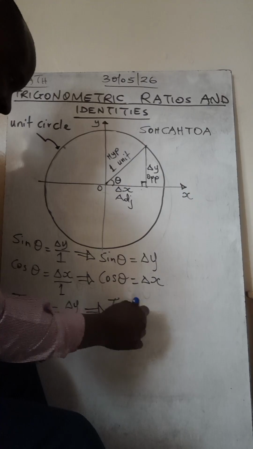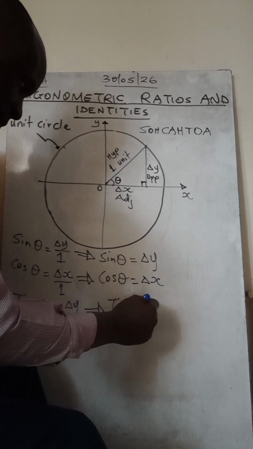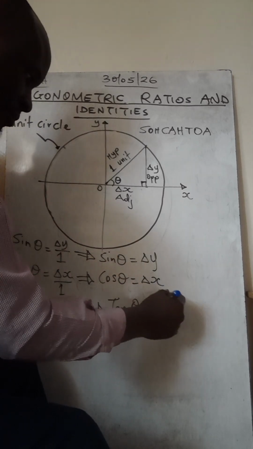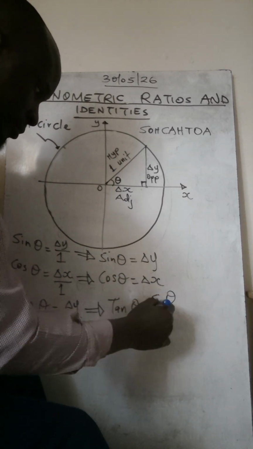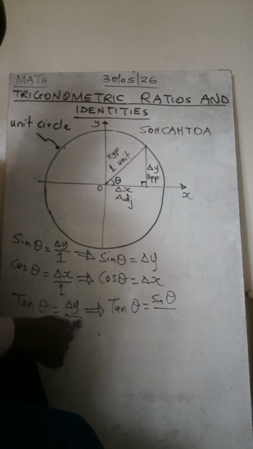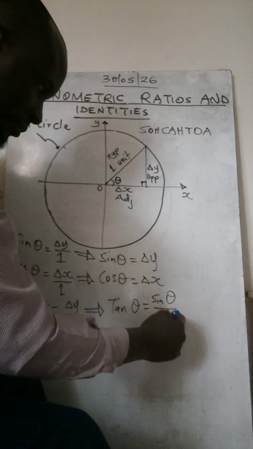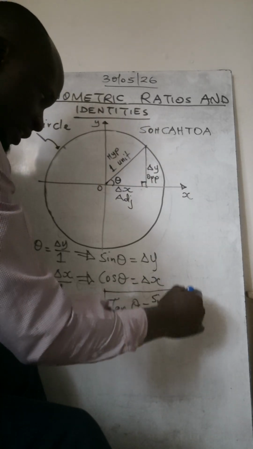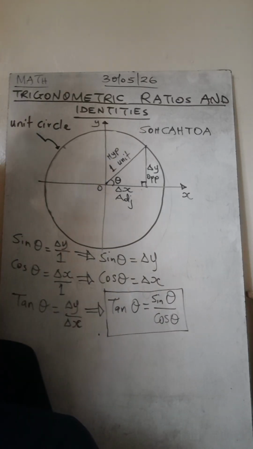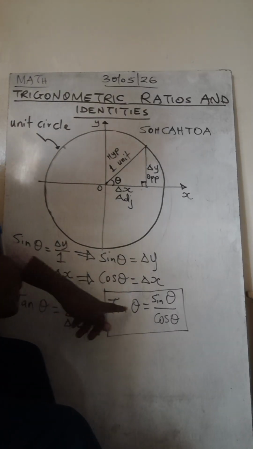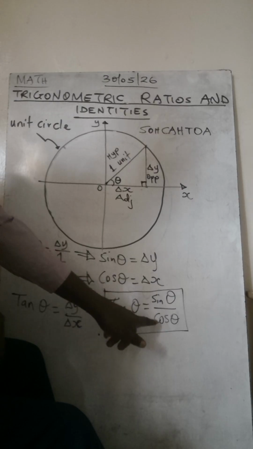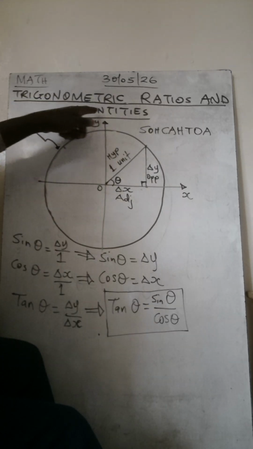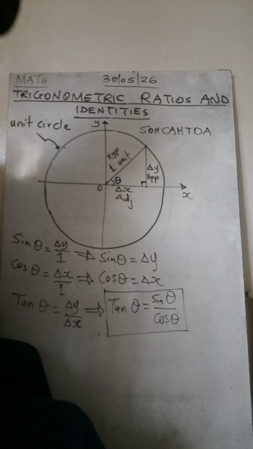That tangent of theta is given by change in y values, that is sine of theta, over change in x values, that is cosine of theta. And this is one of the trigonometric identities that we're going to use in our calculations. Tangent of theta is given by the ratio of sine and cosine: sine of theta divided by cosine of theta. This is one of the trigonometric identities that we need to remember.